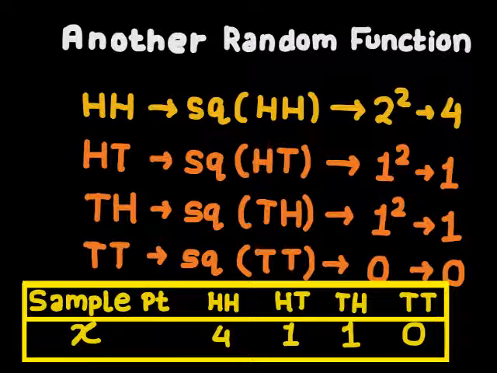So TH is also having the same kind of calculation. TH is represented by 1 to the power 2, and it also gives 1 as the output. And then TT is represented by 0 to the power 2, which gives 0 as the output.